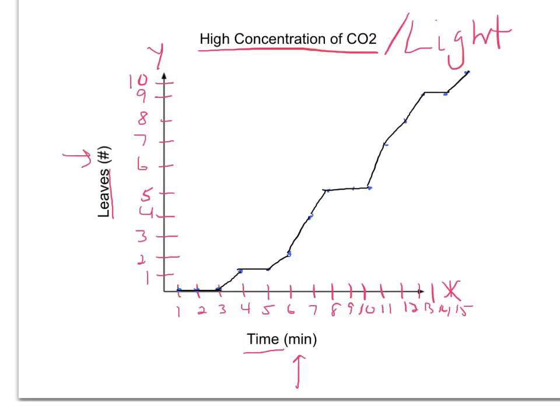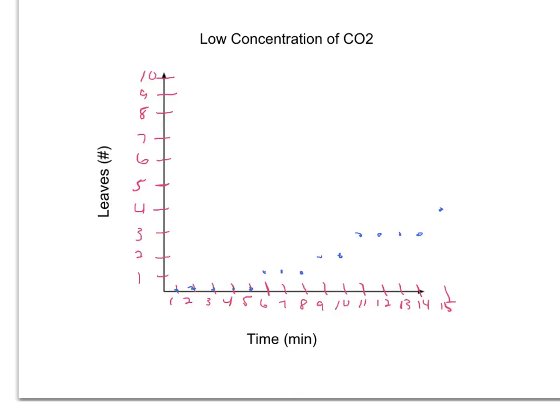I'd like you to make the same kind of graph with the same axes, the same units, and the same scale, but a different title and different data, using your low concentration or your low light intensity data. Please do that now. Now, here is a similar graph that I've created with regards to our sample low concentration of CO2 data, or you can use this as, again, your low light intensity data.